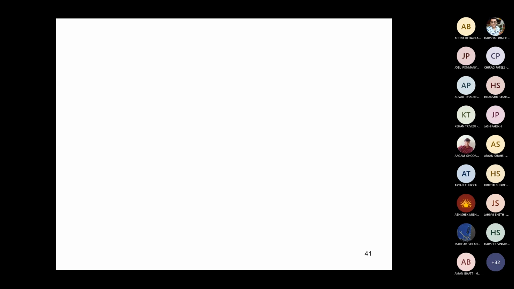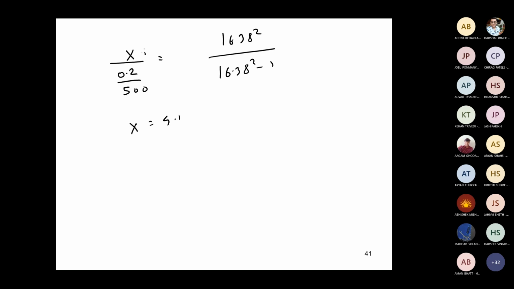No. I just write the equation X divided by 0.2 by 500 is equal to 16.38 square divided by 16.38 square minus 1. Sir, 4.015 into 10 raised to minus 4 meter.